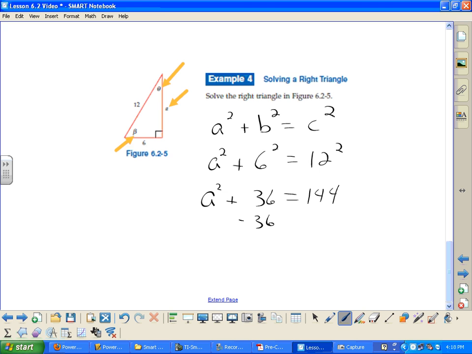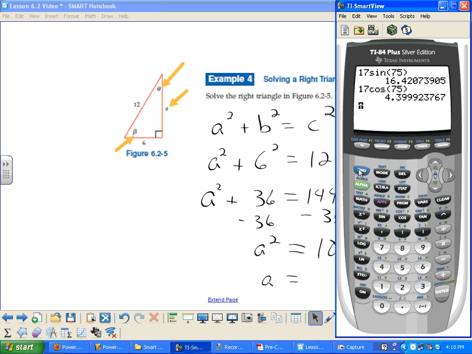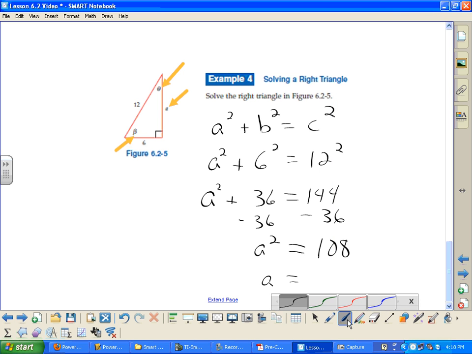And we subtract 36 from both sides. Get a squared equals, and let's see, that is 108. And so if I take the square root of both sides, we get a equals, and in this case, we're going to go ahead and use a decimal. And so the square root of 108 would be 10.39. Okay, so this is 10.39 would be our third side then.